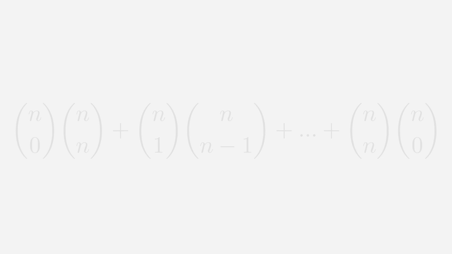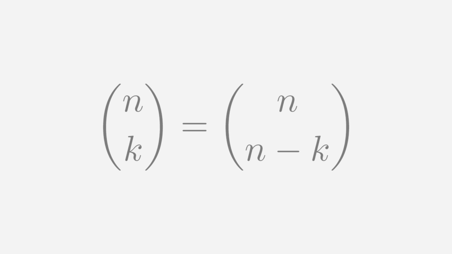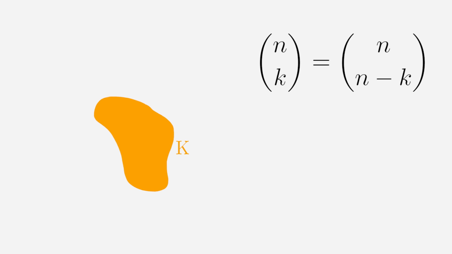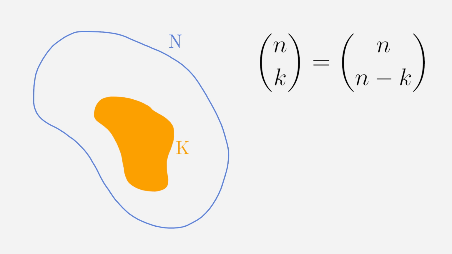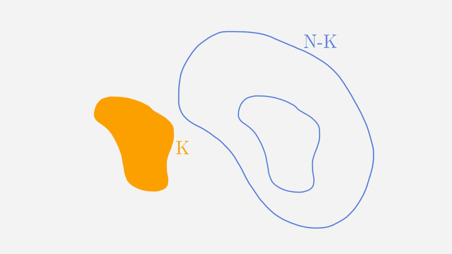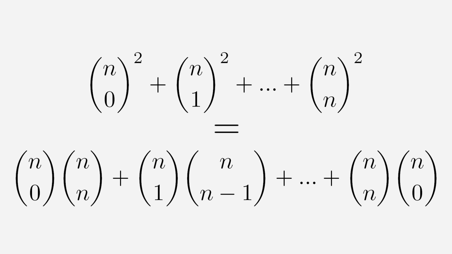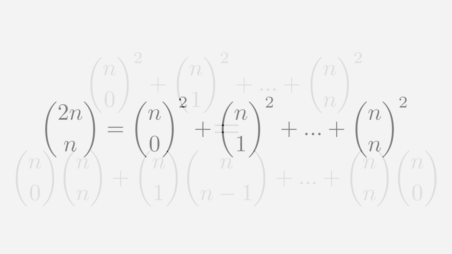The last thing we want to notice is that for any number k, we have n choose k equals n choose n minus k, which follows from the fact that choosing k objects from a group of n also creates a second group, which contains n minus k objects, so there is a one-to-one correspondence between these two types of groups. Having this identity, we trivially see that these two sums are equal, and hence our final identity is true.